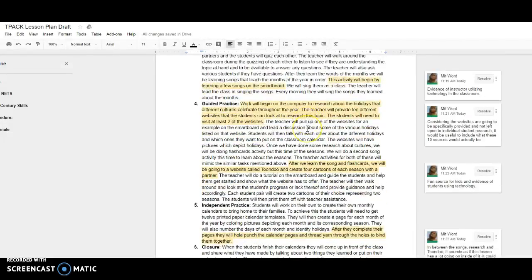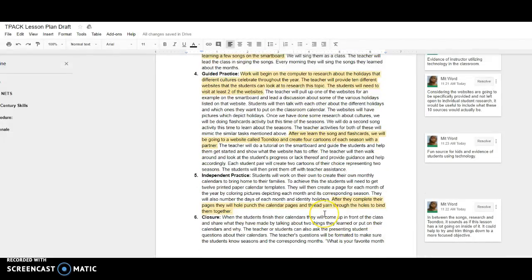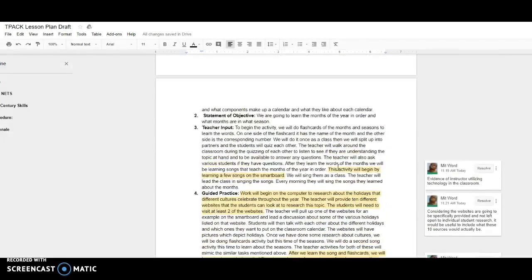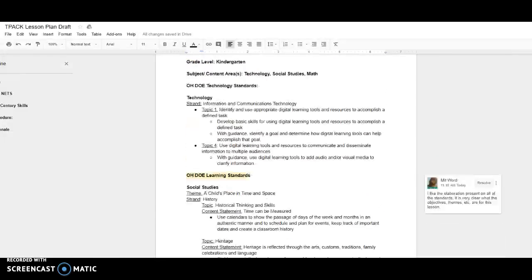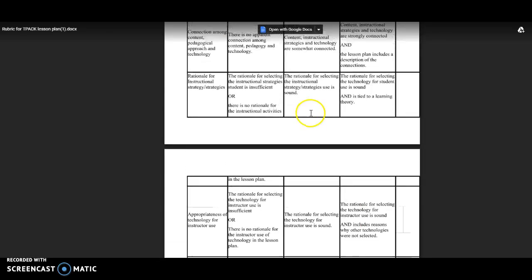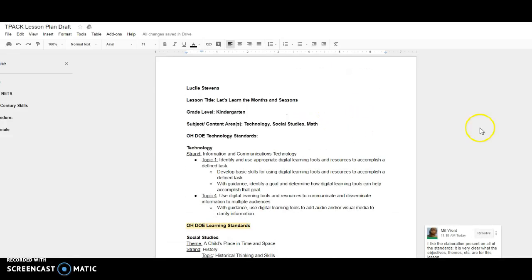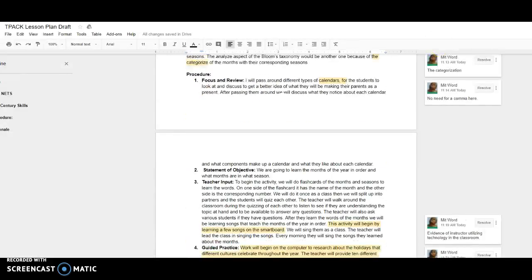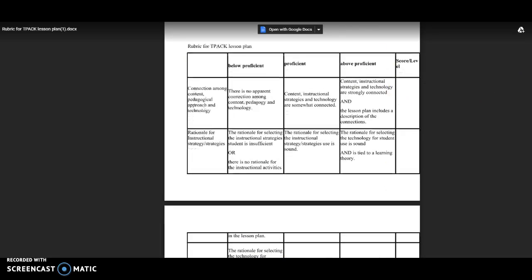There's singing in this as well. The calendar creation. It's all about making sure that kids are essentially constantly engaged in the class, which this lesson plan really strives to do and I think succeeds at. And so that really connects all the technology, pedagogical approach, that sort of thing.